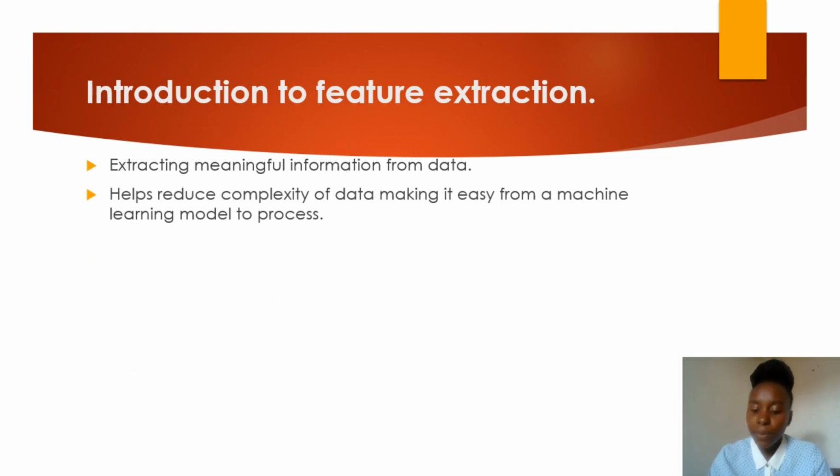For example, if you have an image with many things in it, you have to get out the meaningful features in order to understand that image very well. It is the same in machine learning. A model will first get the main features of that image in order to be able to learn from it.